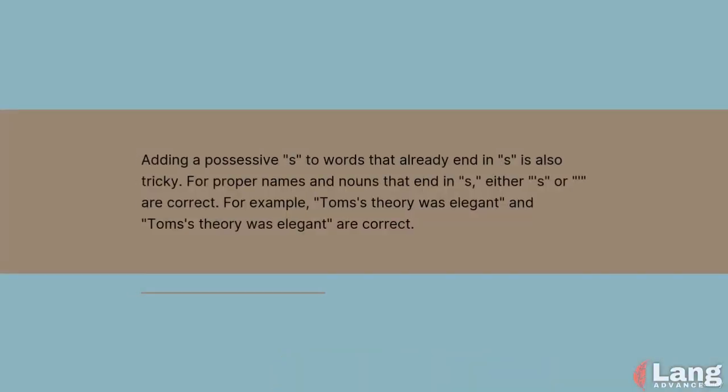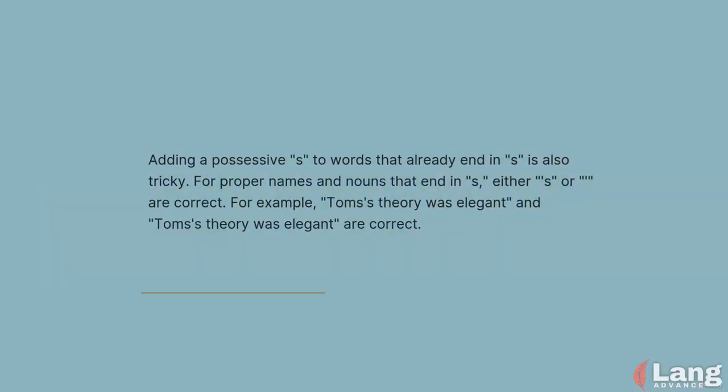Adding a possessive 's to words that already end in s is also tricky. For proper names and nouns that end in s, either 's or a single apostrophe is correct. For example, Thomas's theory was elegant and Thomas' theory was elegant are both correct.